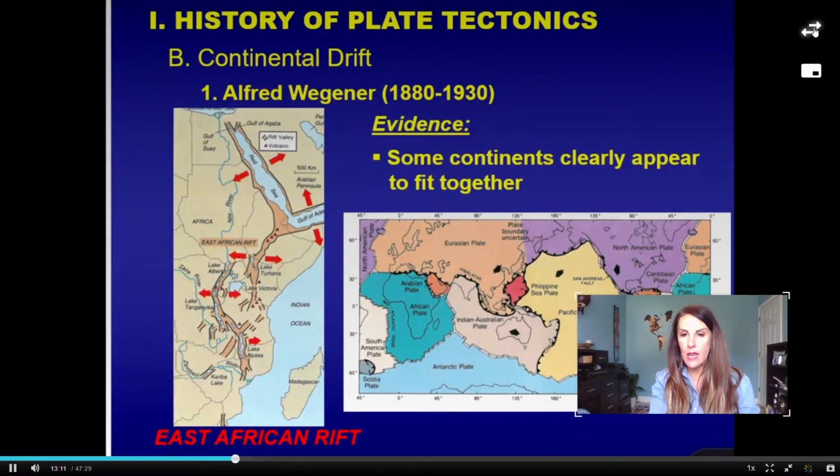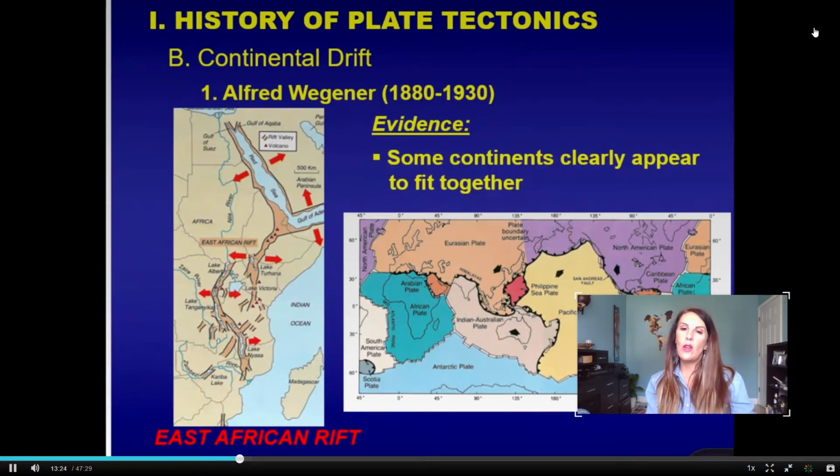He looks at the South American continent and Africa, and he says, if this were a puzzle, it sure looks like these continents were up against one another. And then the other example that he uses is looking at Africa and the Arabian Peninsula. So you can go ahead and locate that on the modern day plate tectonic map over here on the right. The African plate is highlighted in that teal color, and then the Arabian Peninsula is highlighted in that orange color.